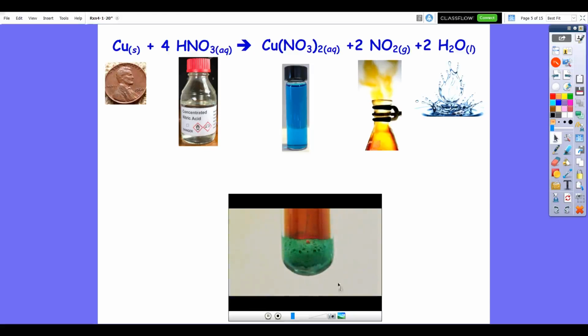That solution starts off a bit green, I believe, because it's a bit of a dirty penny, but pretty quickly I'm getting that very beautiful blue of a copper nitrate solution. And that nitrogen dioxide gas is a very irritating gas. Remember, if you can ever see the air that's coming towards you, that's not a good thing.